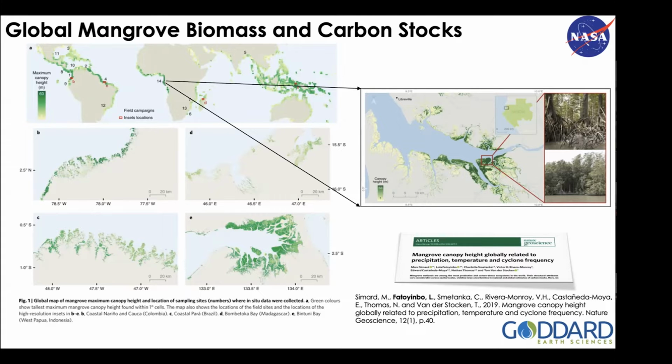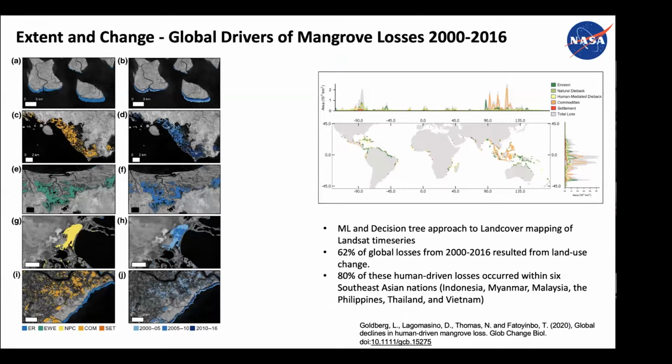The second data set that I will mention, which is complementary to the Global Mangrove Watch and the analysis that Pete just mentioned, is a data set on global drivers of mangrove loss that we've produced from 2000 to 2016.